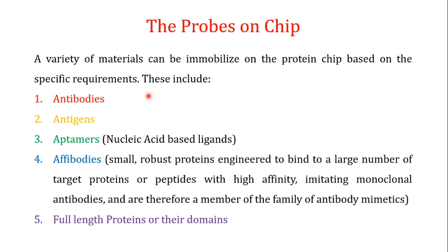Now, the most important probes that you can immobilize on the protein chip include the antibodies and the antigens. So you can immobilize the antibodies. In other cases, you can also immobilize the antigens. You can also immobilize the aptamers, and these aptamers are actually nucleic acid based ligands. You can also immobilize the Fe bodies on the protein chip.